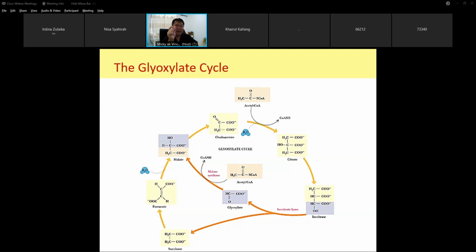That's why seeds usually have a lot of fat. You have palm oil, corn oil, sunflower seed oil, rapeseed oil, and many more oils. Why? Because this oil will actually be converted into acetyl-CoA.